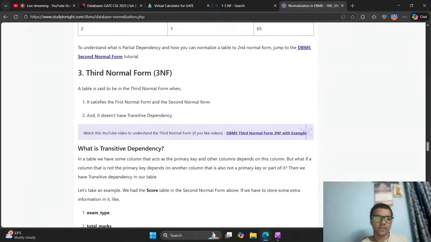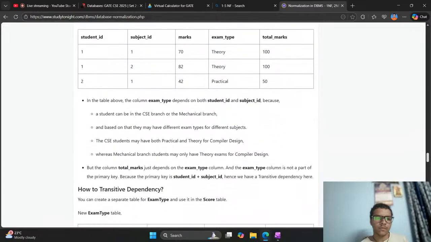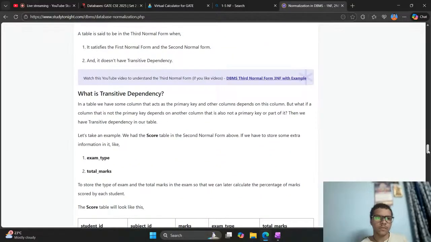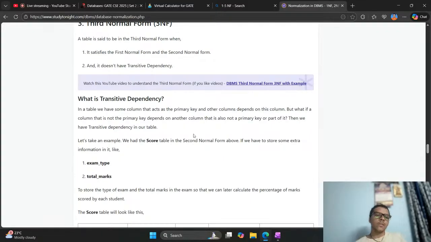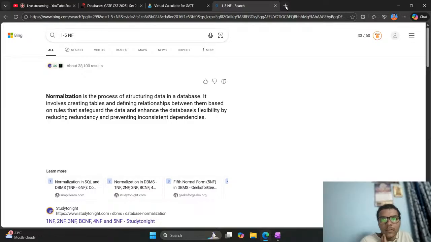Transitive dependency. In a table, we have some column that acts as a primary key and other columns depend on this column. But what if a column that is not a primary key depends on another column that is also not a primary key? Then we have a transitive dependency. Okay.